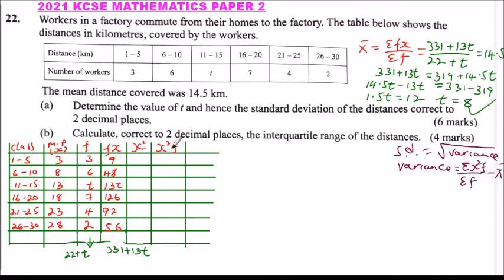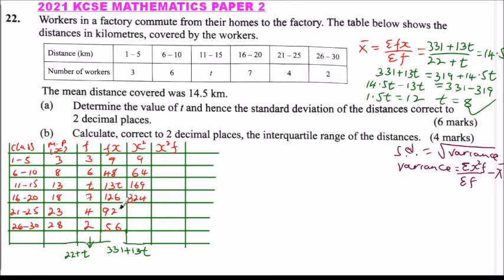That will help us to get the variance. So x is 3, when you square 3 it is 9, 8 is 64, 13 is 169, you square 18, you get 324.